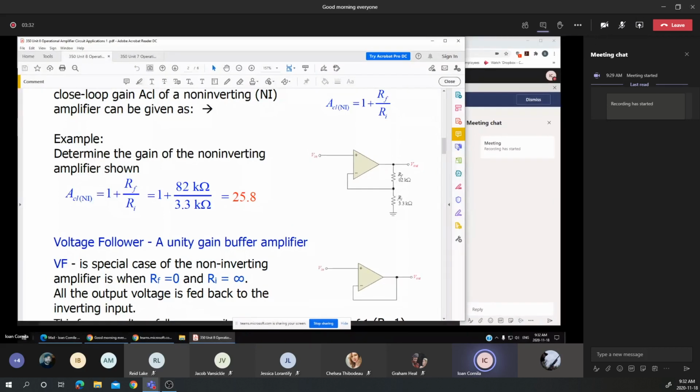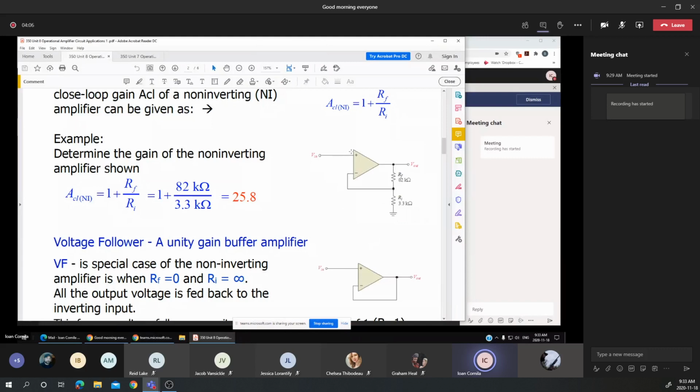The RI is the notation for the input resistance on the inverting input, and the RF is the feedback resistance. You notice that the group of the two resistances will return a portion or a fraction of the output signal to the input of the amplifier.